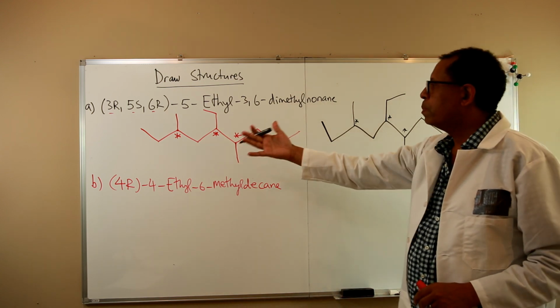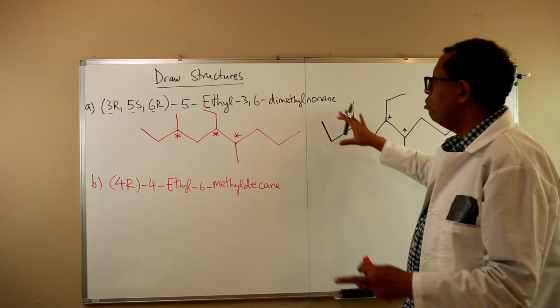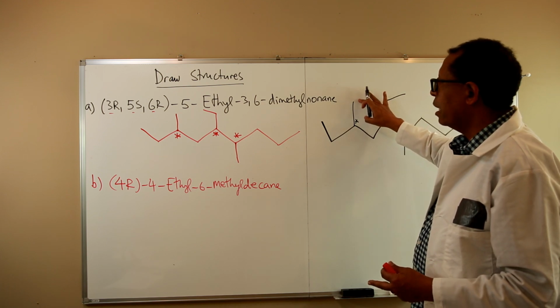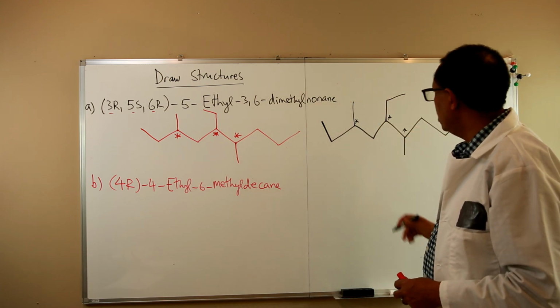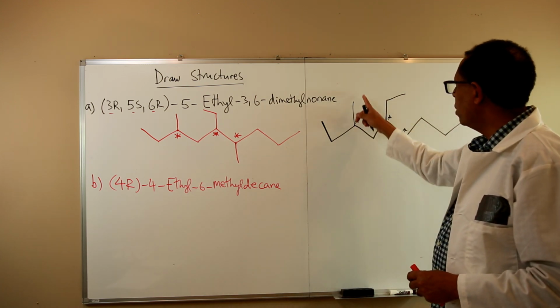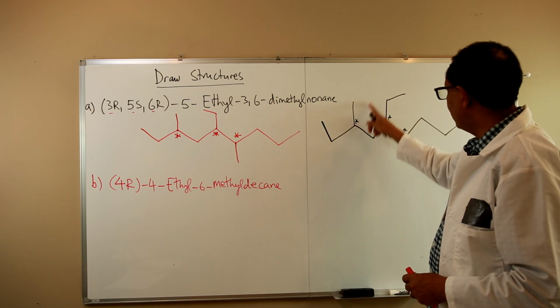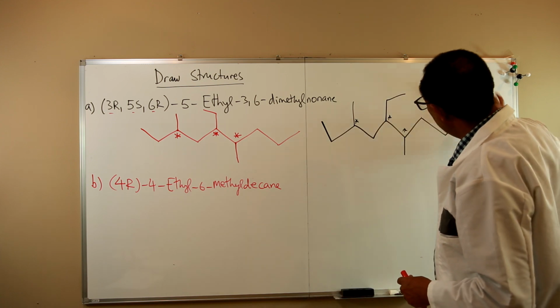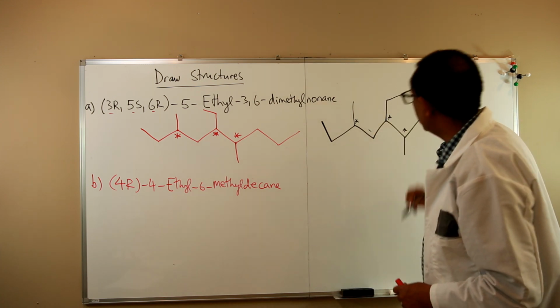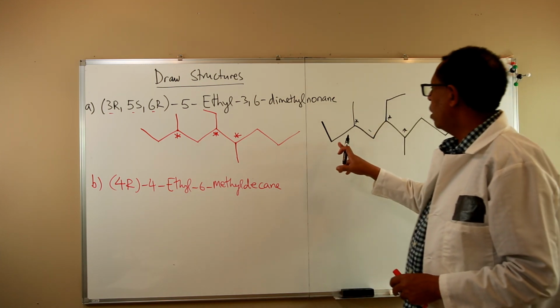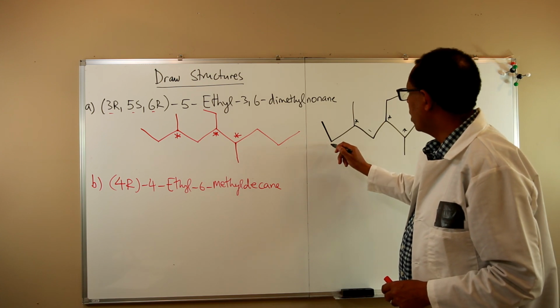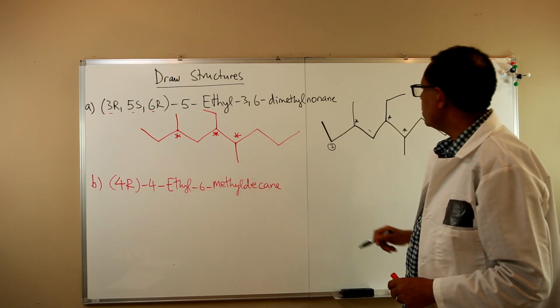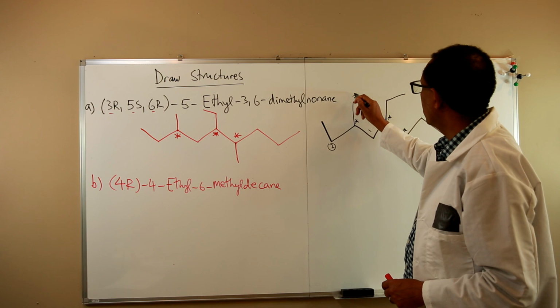So to draw this in 3R position, what I will do is the priority. If this is the carbon I'm dealing with, this whole group would be priority 1, right? And this group is priority 2. This group would be priority 3.